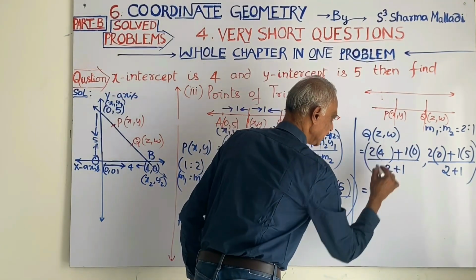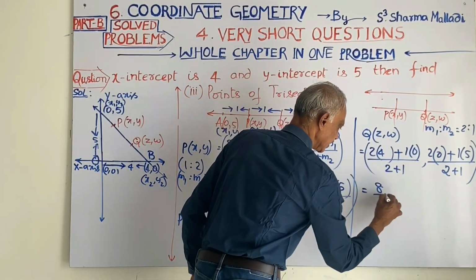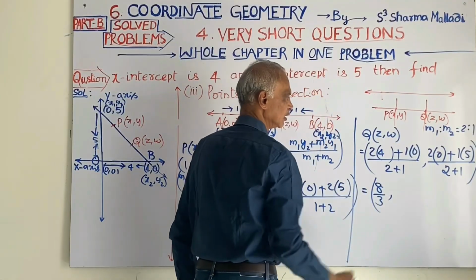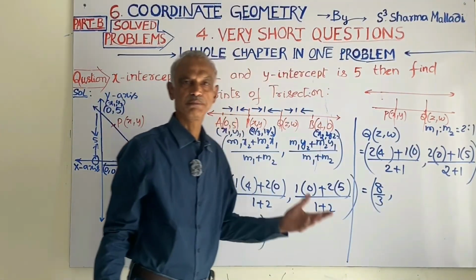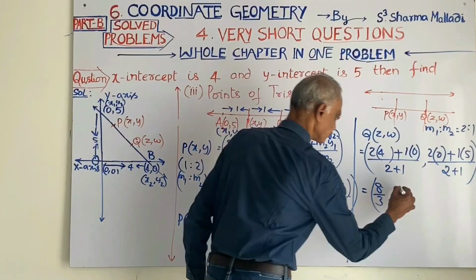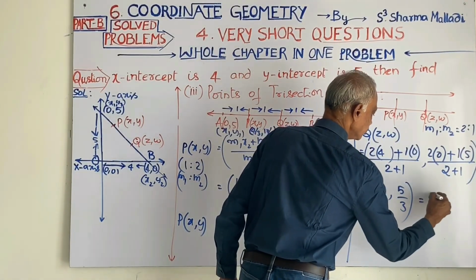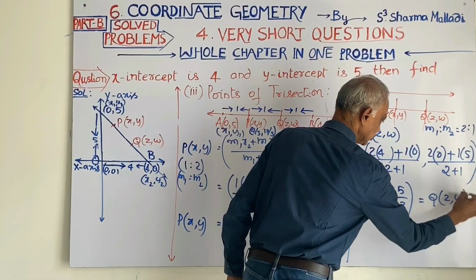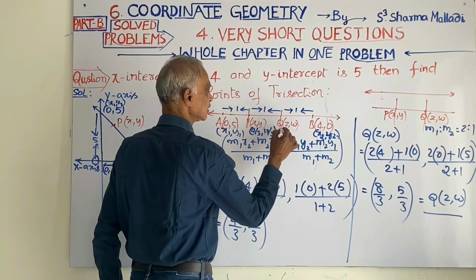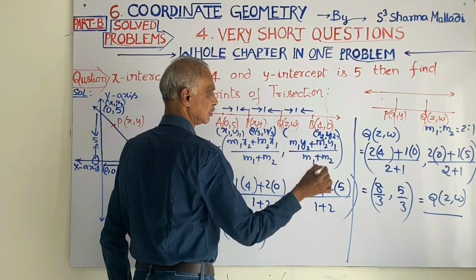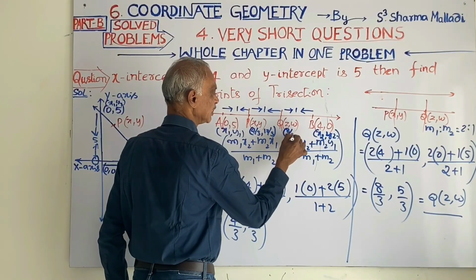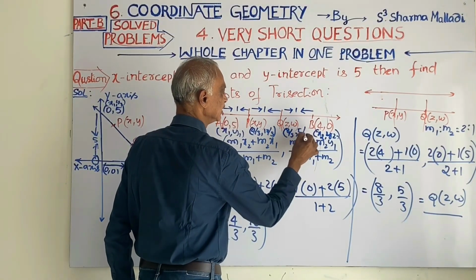Q(z, w) will be 8 plus 0, 8 by 3, comma, 2 into 0, 0 plus 5 by 3, 5 by 3. This is Q(z, w), which is (8/3, 5/3).